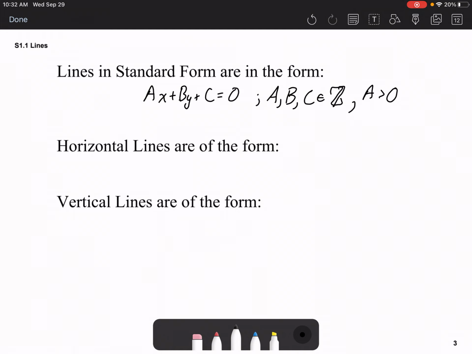This allows us to actually write the equation of a line without having to use any fractions or decimals. Horizontal lines are usually of the form y equals some value a, where a is some real number. And vertical lines are usually of the form x equals b, where b is equal to some real number.